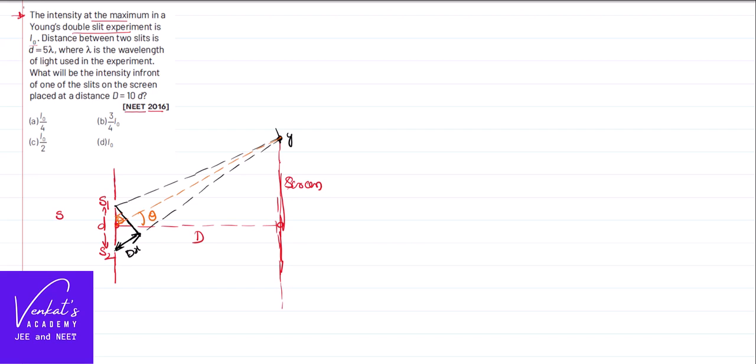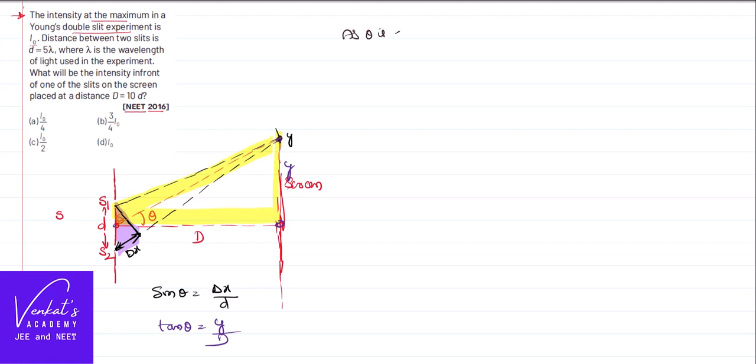Then we can write, in this small triangle, sin theta equals delta x by d. And in the other larger triangle, tan theta equals y by capital D, where y is the distance from here to here.